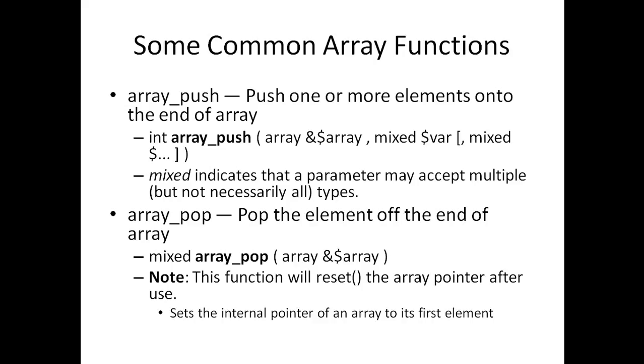Okay, note that the array pop function will reset the array pointer after use. So what that means is it sets the internal pointer of the array to its first element. If you pop an element off the end of the array, the internal pointer of the array goes back to the beginning. This is very important for when you're dealing with loops. Okay.